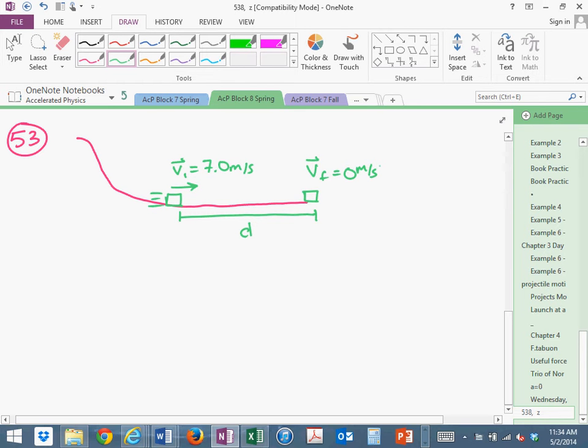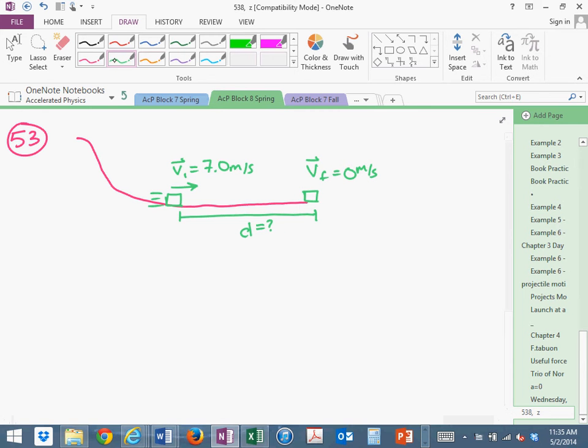We could find time, although in order to find time, we would still have to know something else, right? Because our D is a question mark, so we don't actually know what that is. Thinking about what's in chapter 4 and all of the discussion in chapter 4, ideas? Acceleration. I'm thinking that might not be a bad deal.